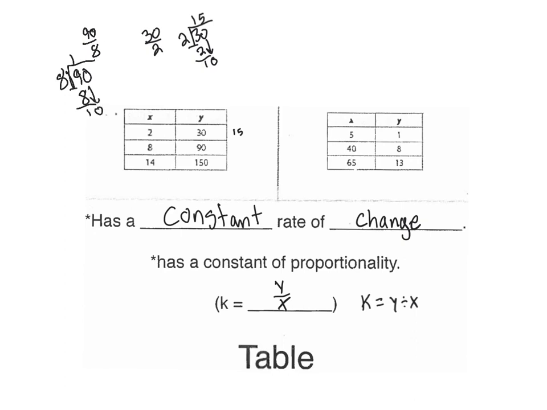And 8 goes into 10 one time. It's not even, but we know it can stop there because 15 and 11 are not the same thing. Since they are not the same thing, this is not proportional.